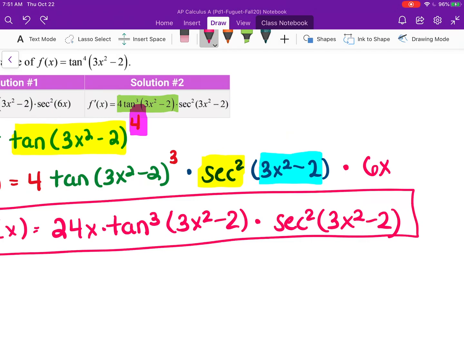You just have to recognize that this secant squared of 3x squared minus 2 is the derivative of the original inside function. There's actually a second inside function within that, so you'd have to take the derivative of that, 6x. So this is what they're missing.